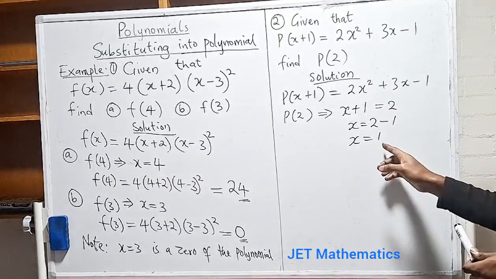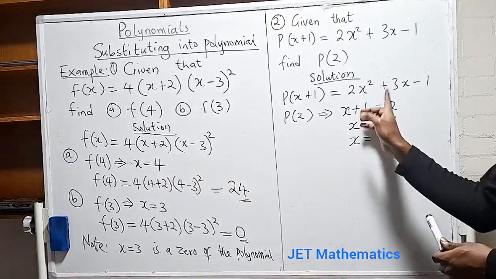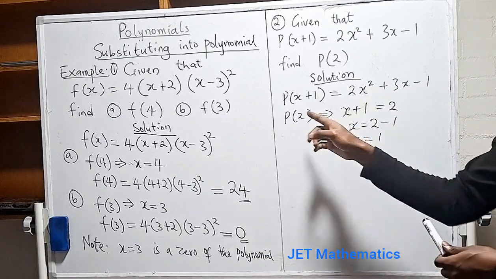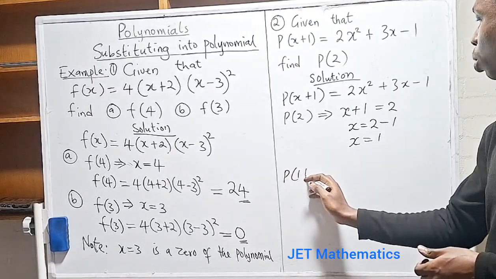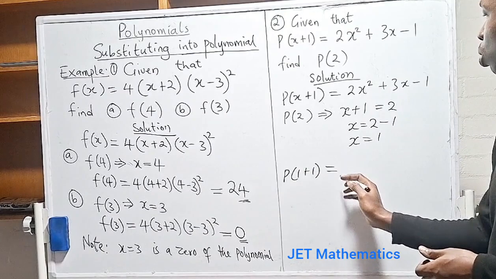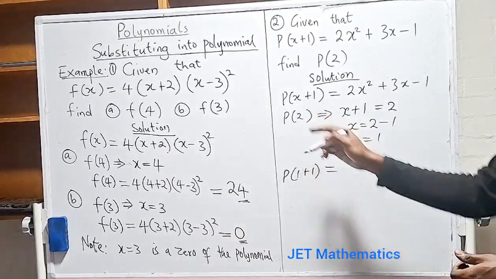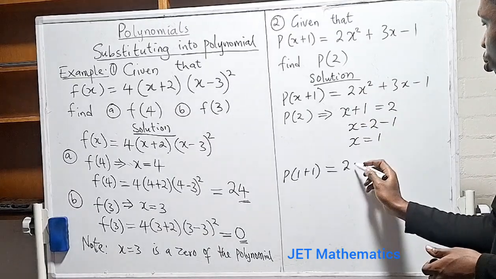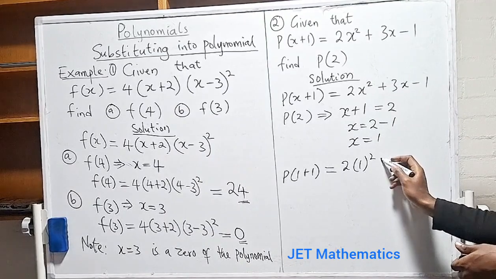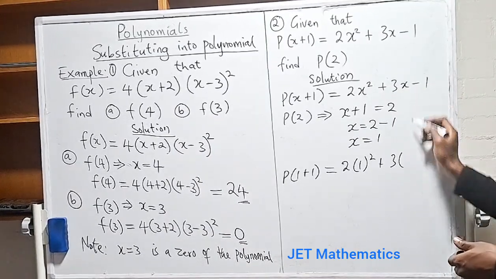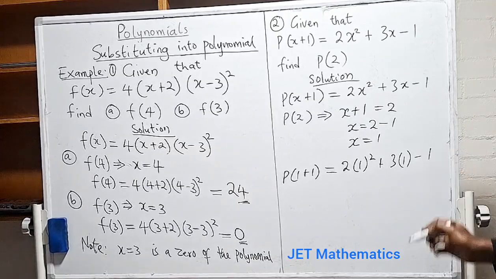All right, so all we need to do is to substitute 1 into this function. So we'll have that p of 1 plus 1 is equal to, anywhere we see x, we are putting 1 now. That gives us 2 bracket 1 all squared plus 3 bracket 1 minus 1.